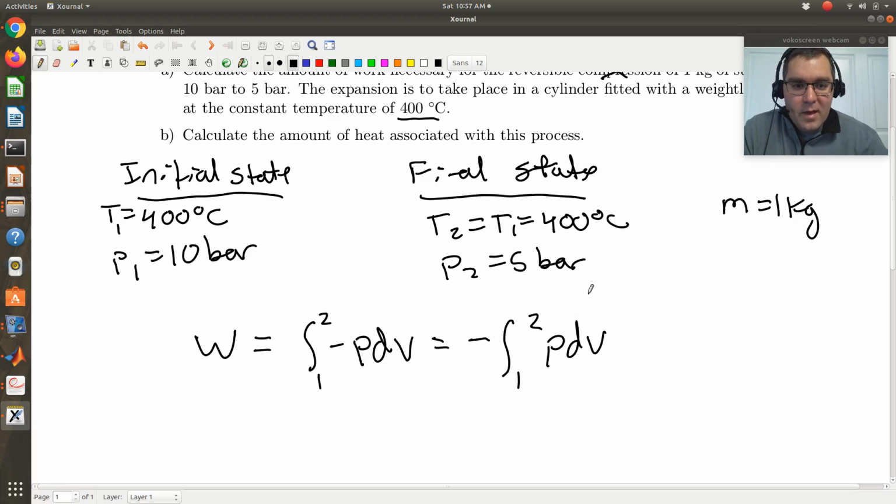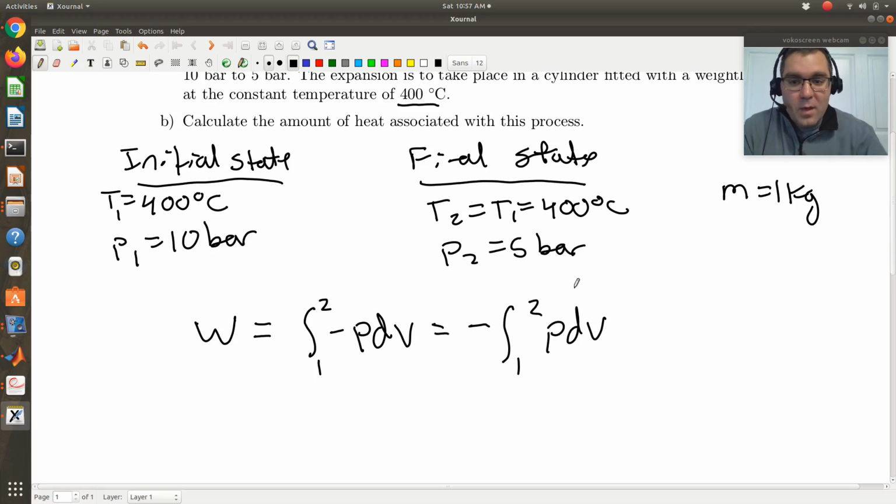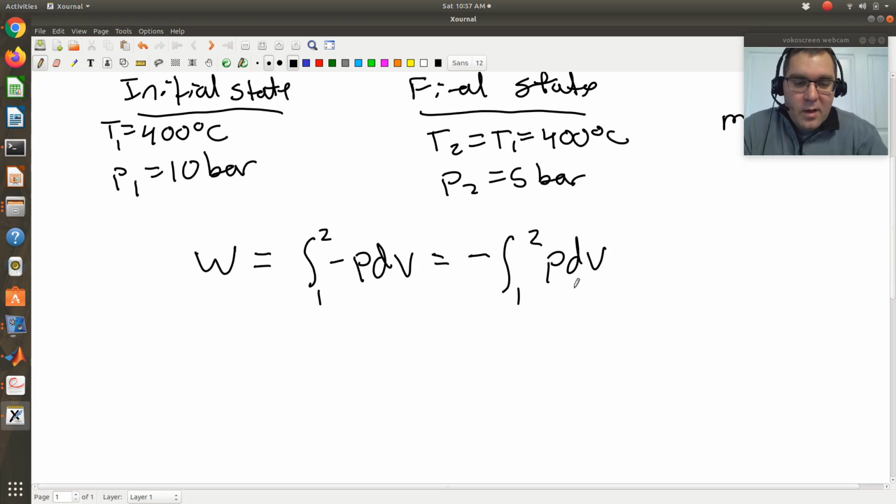Okay, we're not given an analytic equation here, but that's okay. It's steam, so I have tabulated data in the steam tables, and in this case, I can numerically integrate. I'll do it in MATLAB, just so I can show that it's pretty straightforward and simple to do in MATLAB.